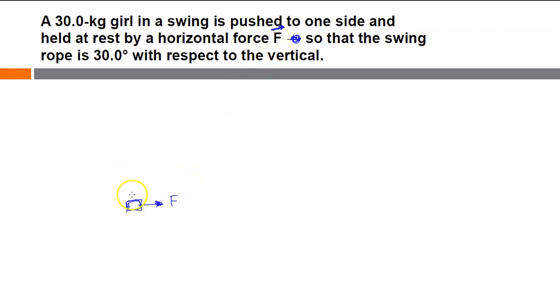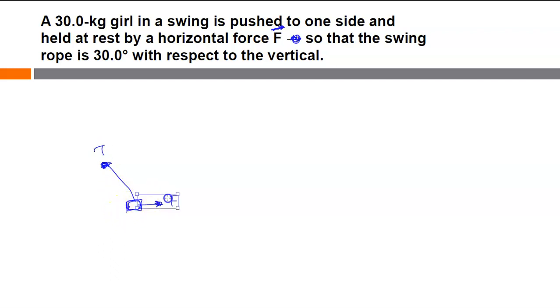The rope used to hang straight up and down, but now that I've pushed her to the right, the rope's kind of coming that way. And we need to give that a name. Tension works, the tension in the rope. So I could put an arrowhead on that, call it T.